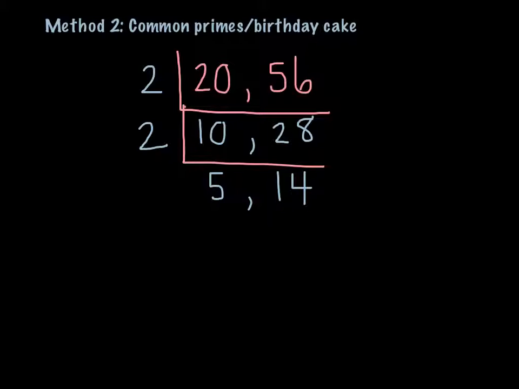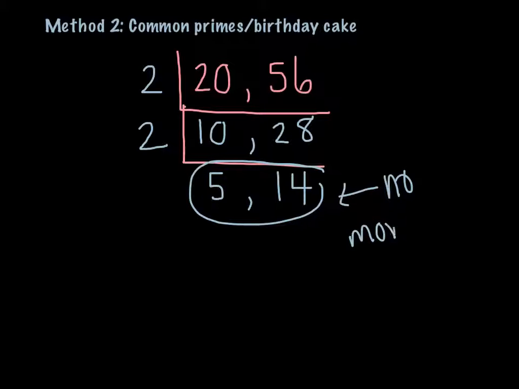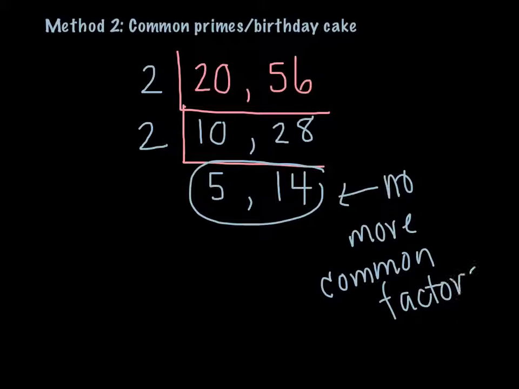And now I'm checking these bottom two numbers here that I got as my quotient. What I notice is there are no more common factors among those numbers other than 1. And since I'm done finding the common factors, I can stop there.